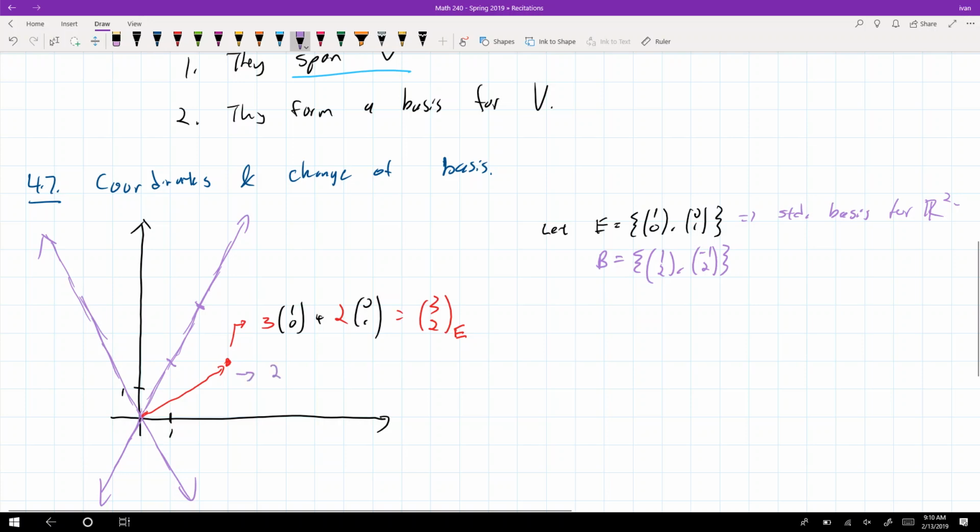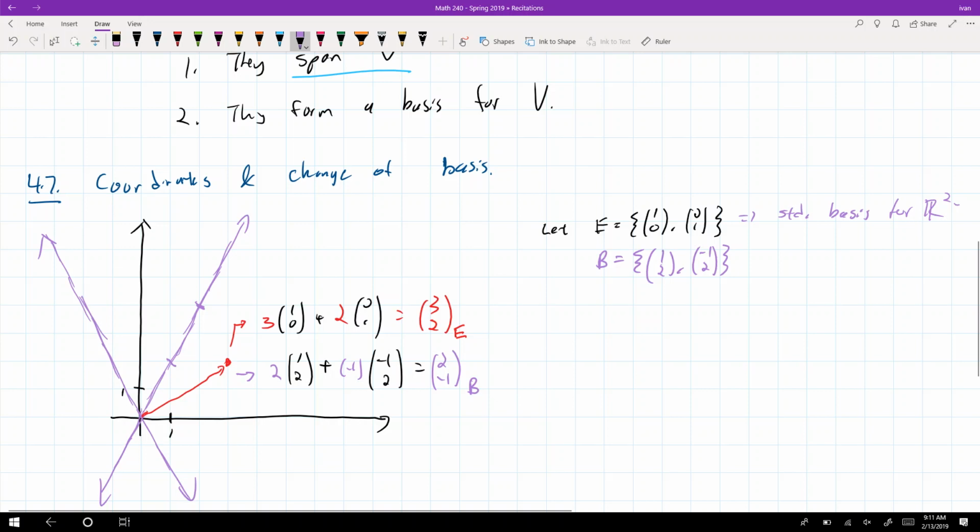So this can be written as 2 times (1, 2) plus -1 times (-1, 2). And so now we say that this point has the coordinates (2, -1) in basis B. So just by defining our bases differently, we can express the same point with different coordinates. Any questions about this?